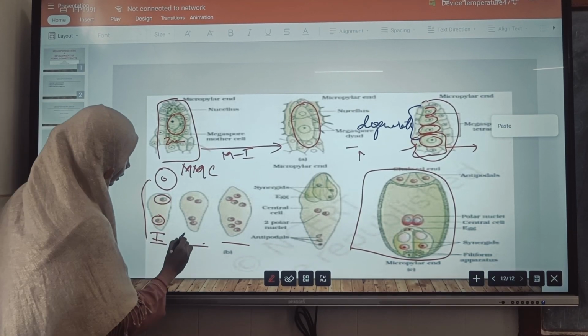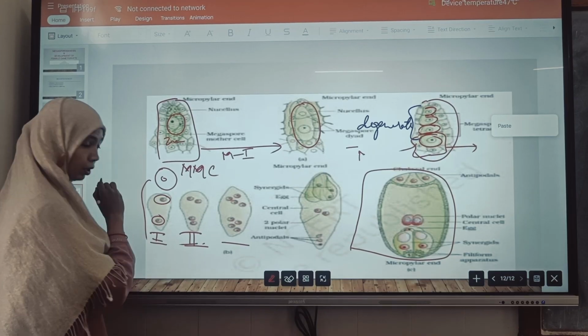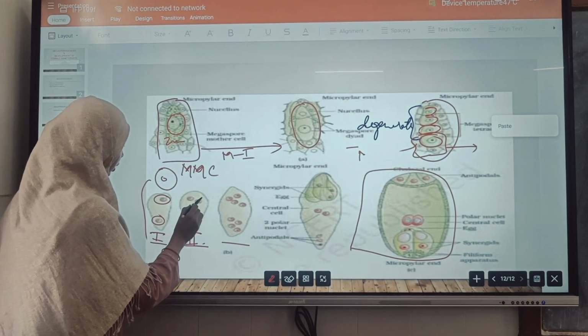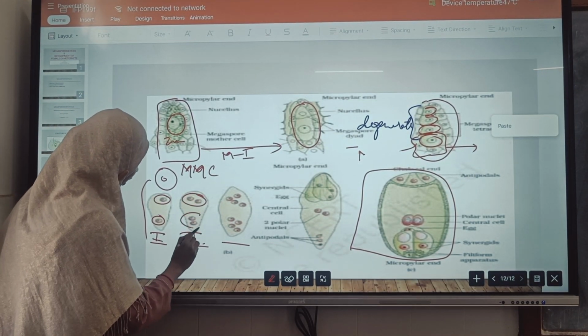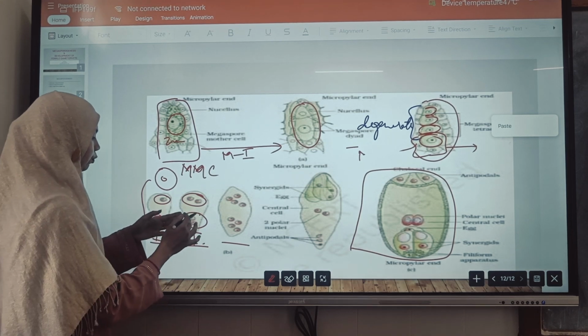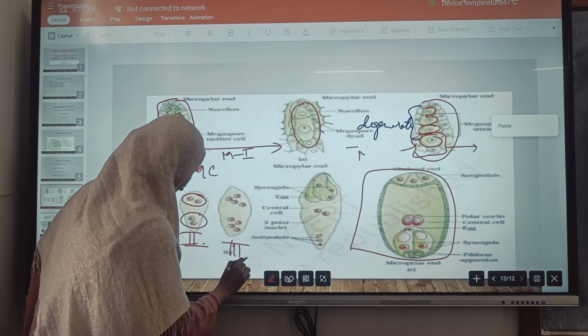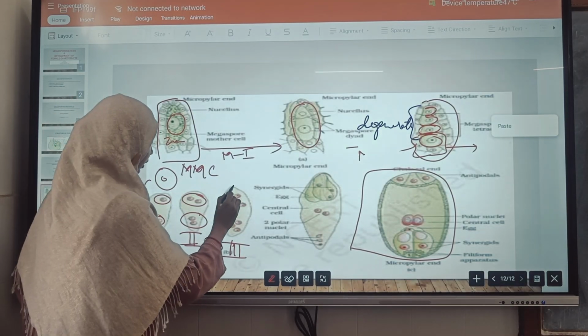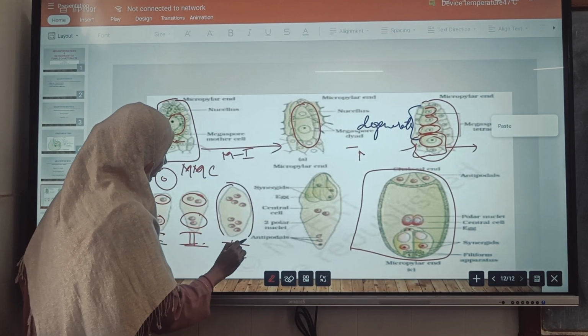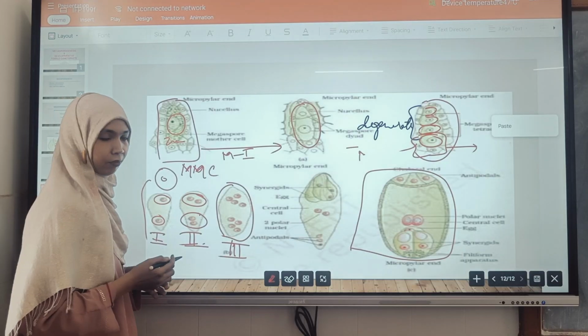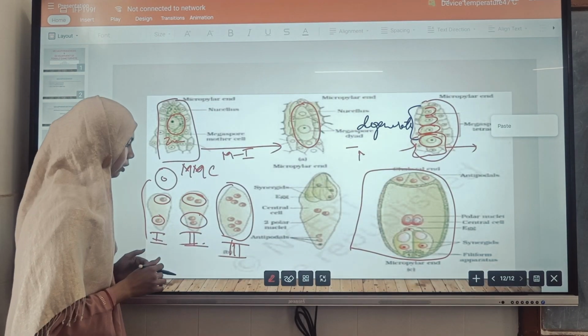Then these 2 daughter nuclei undergo the second nuclear division, forming 2 more nuclei each. Finally, the third nuclear division forms an 8-nucleate cell.